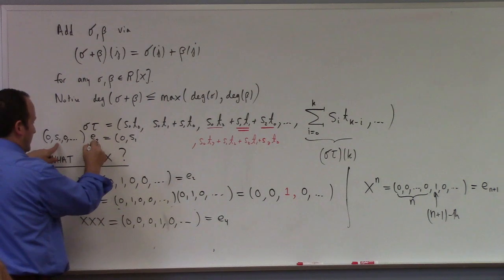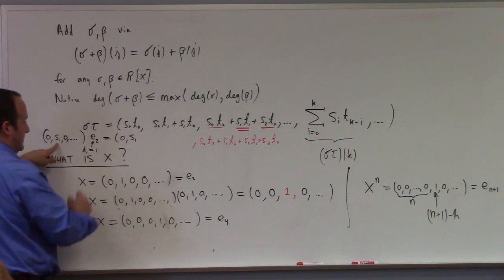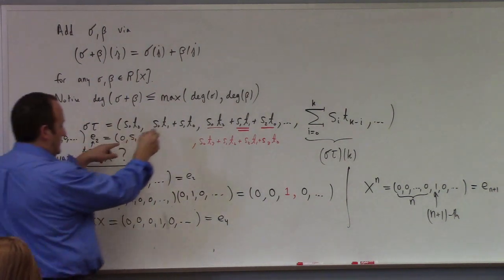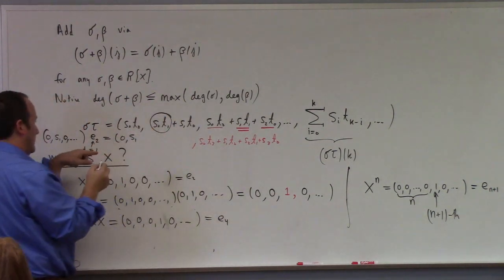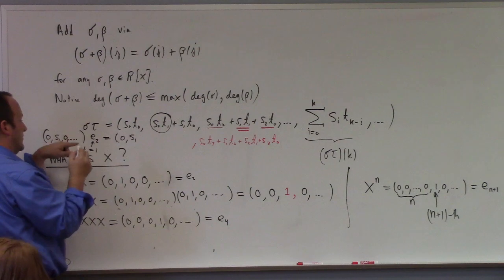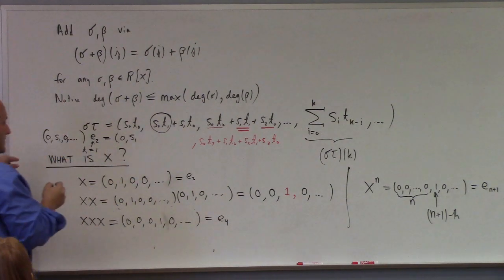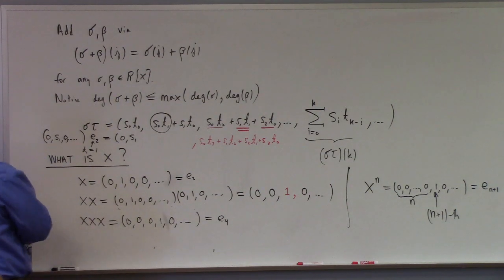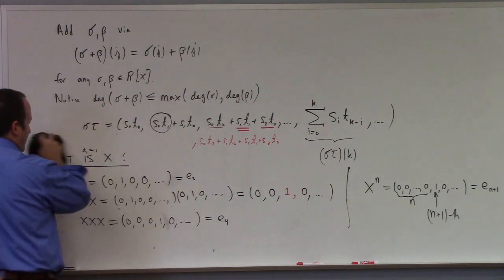E2 has T1 equal to 1, and all the other t's are 0. So that picks up just this term right here. No, I still got it wrong. S1, T1. Oh, I'm an idiot. I'm multiplying the wrong thing. This is what happens when you try to skip something.